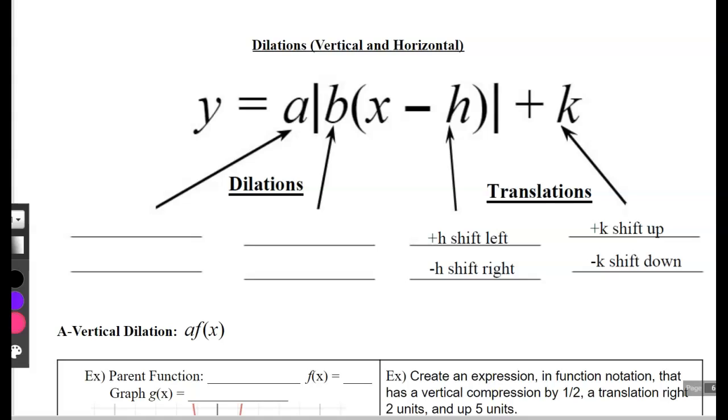Now, just like translations had a horizontal translation and a vertical translation, by the way, which one of those letters, H or K, is the horizontal movement? Good. So I'm just labeling H as our horizontal. And so which one, therefore, is our vertical translation? K.